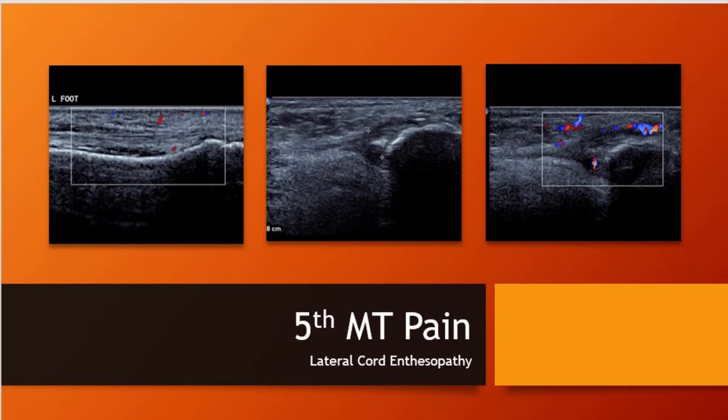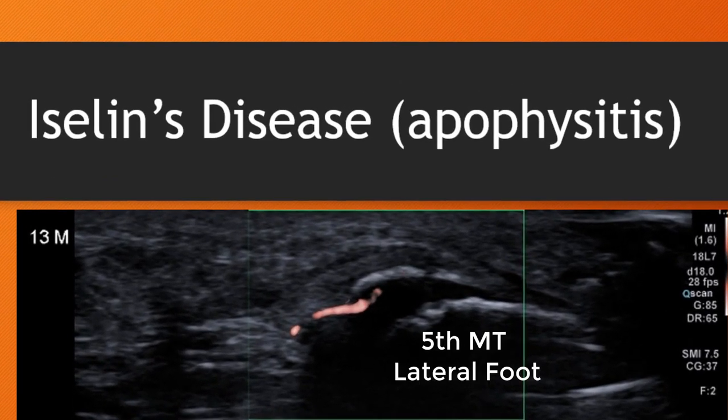So this is a full-grown adult, obviously with some biomechanical issues in the foot. And then if I show you a similar case, but this time it's in a juvenile, so a 13-year-old male who played soccer and had pain at the lateral aspects of the foot. So this is a case of traction apophysitis. So think of Osgood-Schlatter's in the knee at the tibial tuberosity, and it's quite similar to that. So there was no trauma.